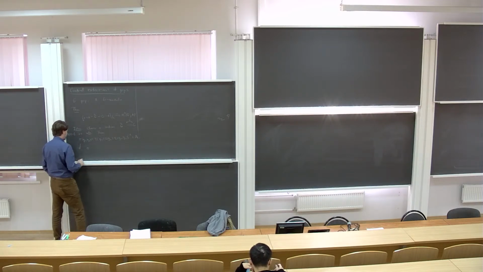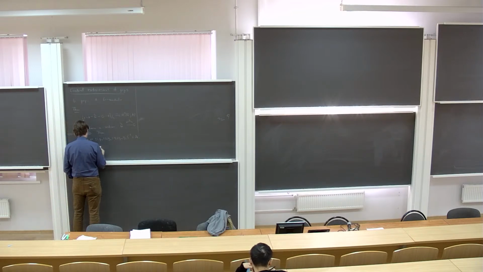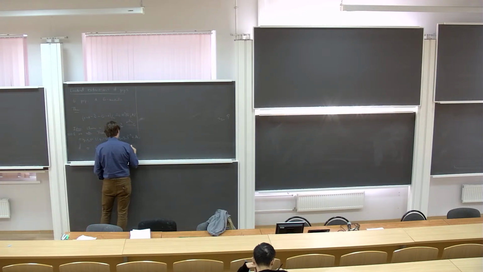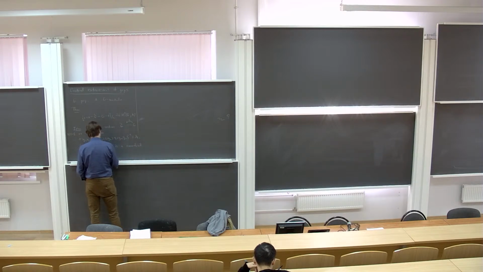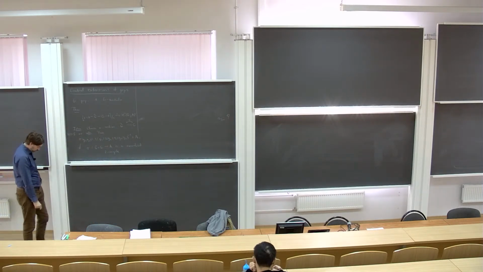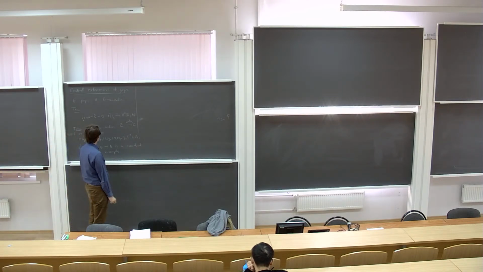And you check that sigma from G cross G to A is a normalized two-cocycle. Therefore, it defines a cohomology class. It's pretty obvious that isomorphic extensions, if you match up the sections, will give the same cocycle.